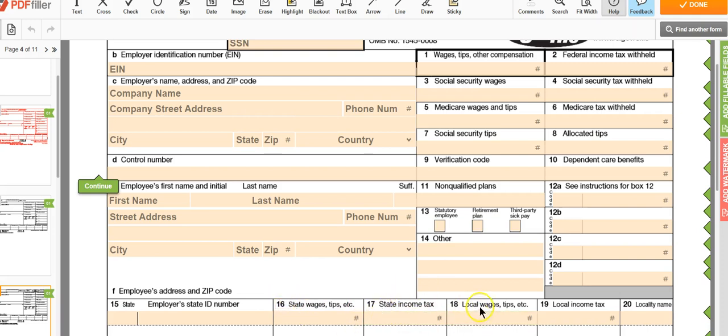That type of information is not going to be on the transcript from the IRS. And if you ever do need to get that, you can simply request that information from the Social Security Administration. When you get income statements from them, they have this information, the state wages, the state income tax, and so forth.